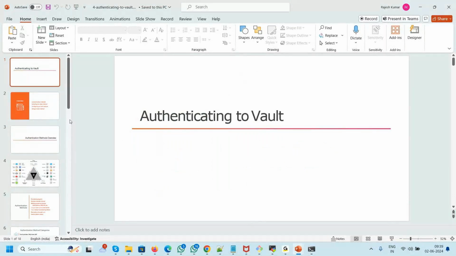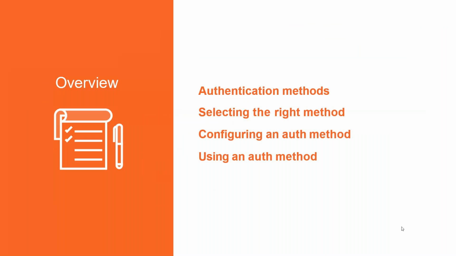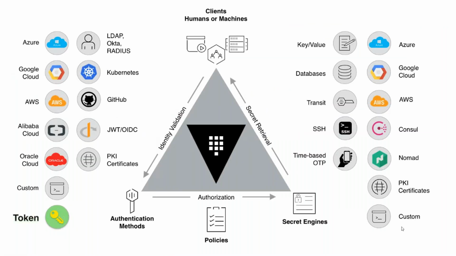That is the question. And the beauty of Vault is that it supports so many methods. See that. This is one of the pictures which I got on the internet, and I think it is the best picture to summarize everything in one go.